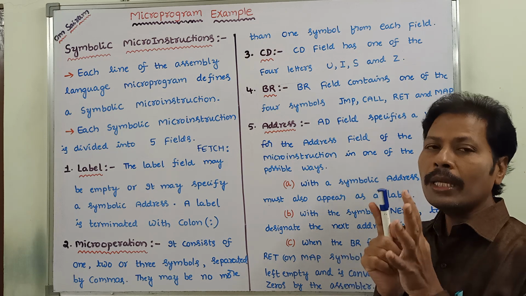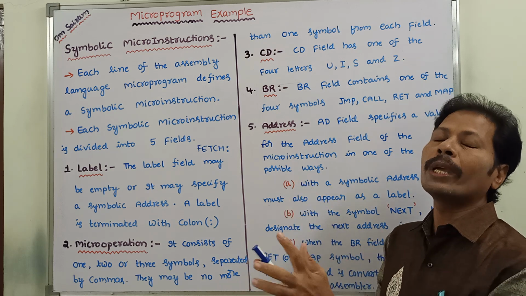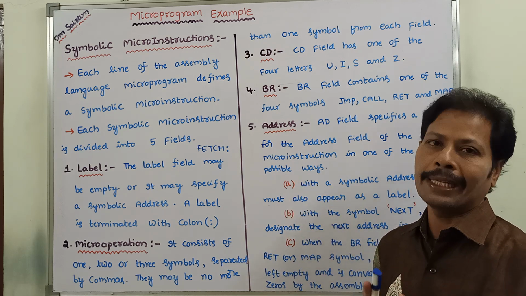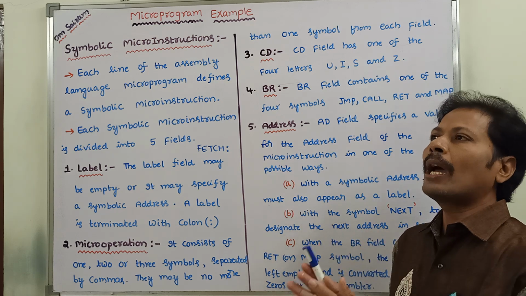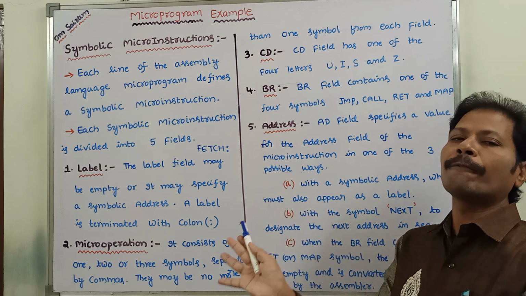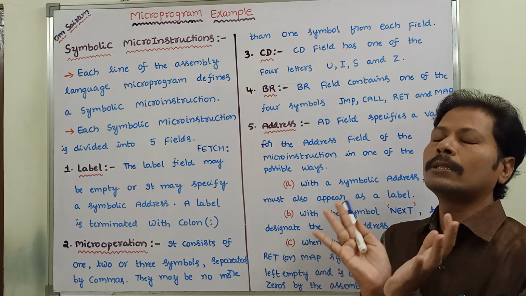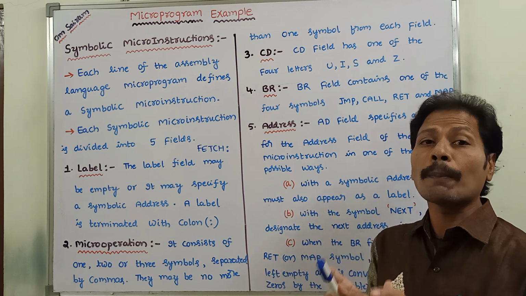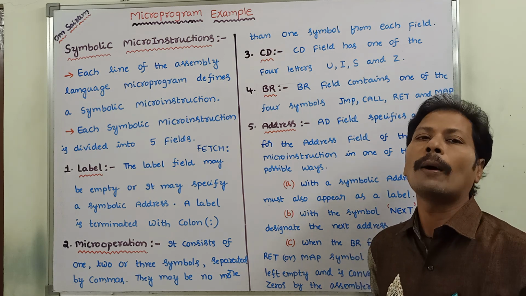From each and every field we can take 1 symbol at a time. When we are taking 2 symbols from 2 different F fields, then those 2 symbols are separated by comma.